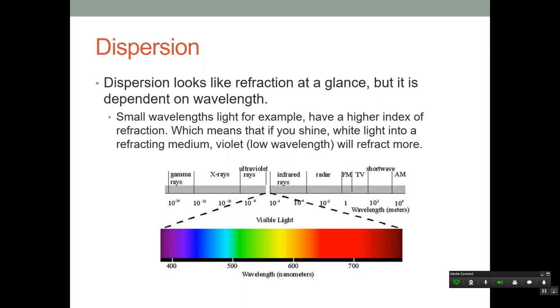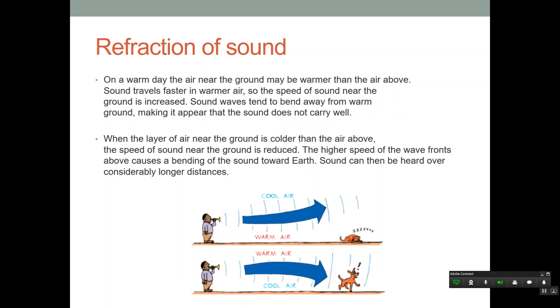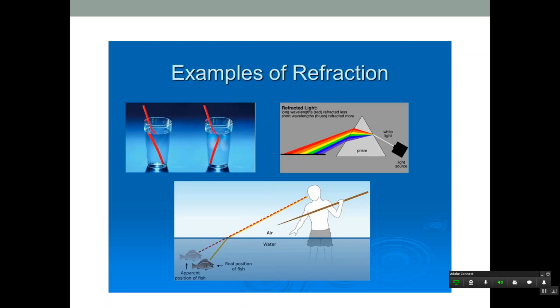So that means that every single light particle of a different wavelength will travel at a different speed in the medium. So if I were to go back to this drawing here, my white light comes in, everything is going in at the same speed, but once it hits this barrier, you can see that every different wavelength is refracting at a different angle. And that's because every wavelength is traveling at a different speed, right? And in this case, which one travels the fastest and which one travels the slowest?